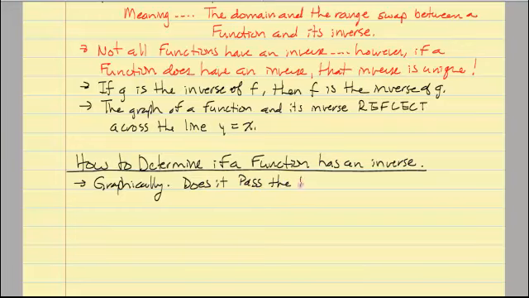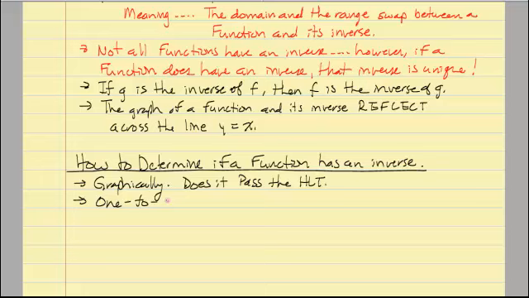Now, just like the vertical line test, the horizontal line test works the same. Instead of holding your pencil or your chalk vertically to make sure it doesn't cross through more than one point at a time, we hold it horizontally and see if it doesn't pass through more than one point at a time. And we'll look at that graphically here in just a second. If a function passes the horizontal line test and the vertical line test, which it has to pass anyway to be called a function, that function is called one-to-one.